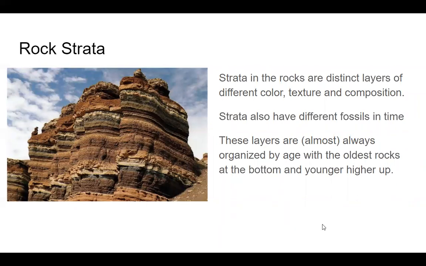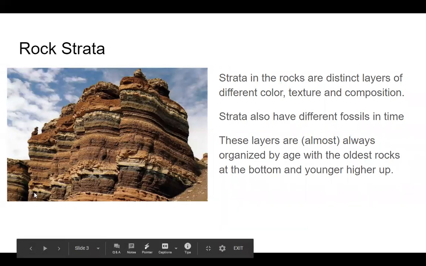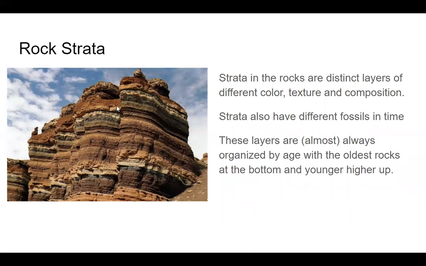So when we talk about these strata, you can see very clearly that there are layers of different color and texture in this rock. We have a lighter color here near the bottom. It gets darker, very dark red. There are some lighter layers here, a very light layer here, a very rust-colored red here, and we get all of these different layers.